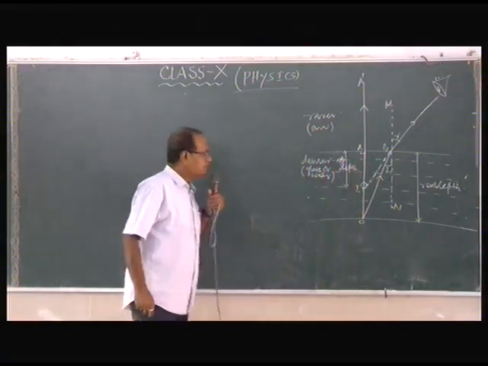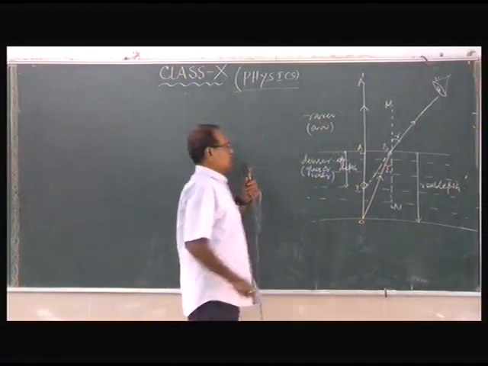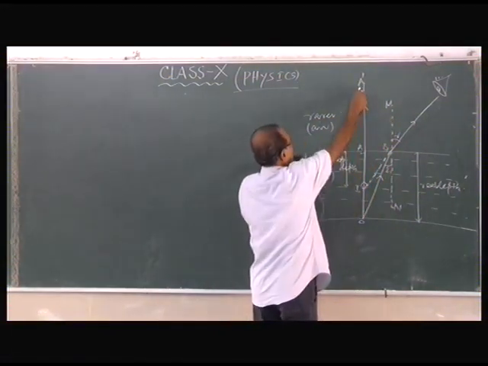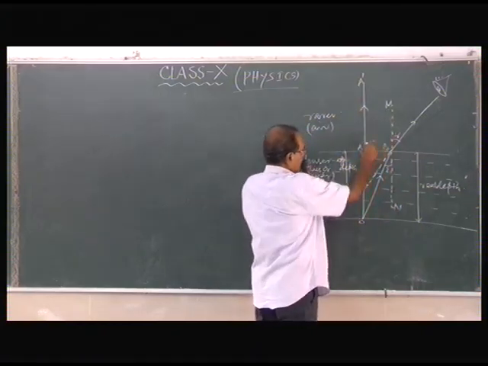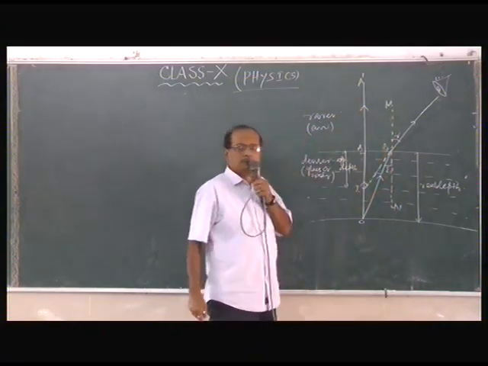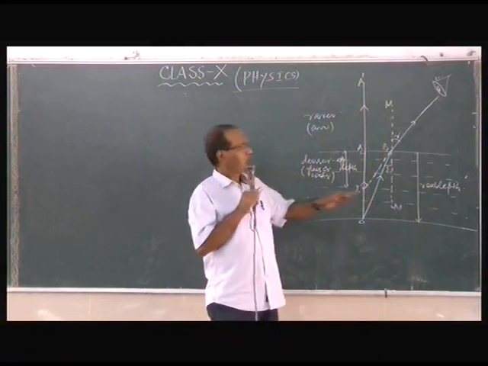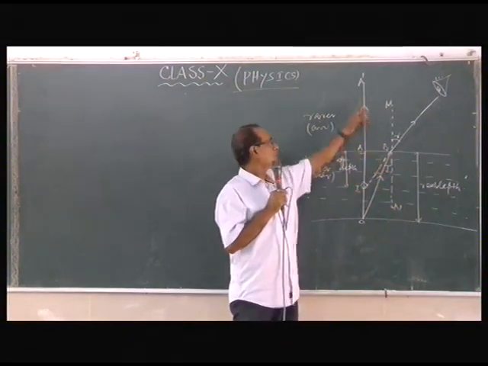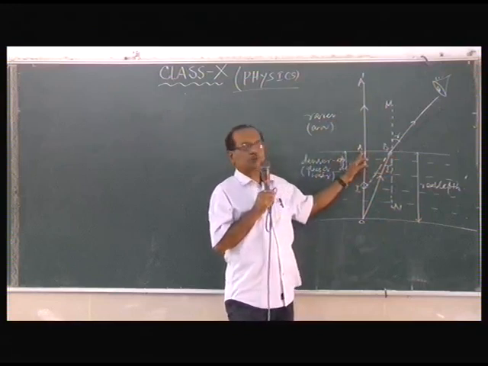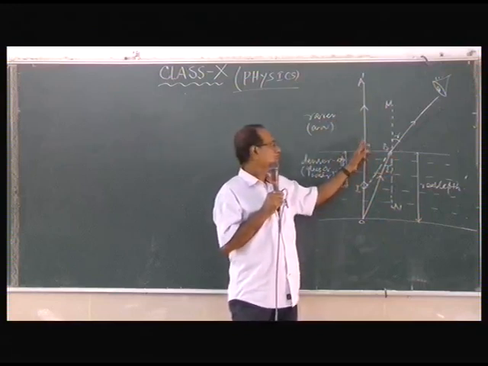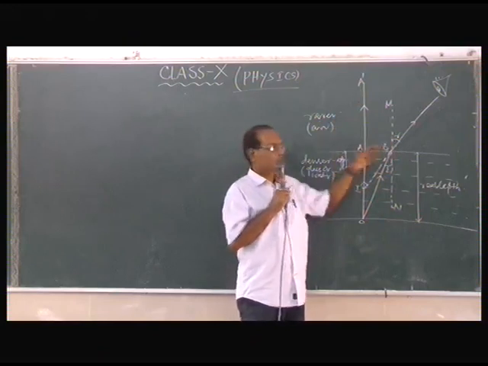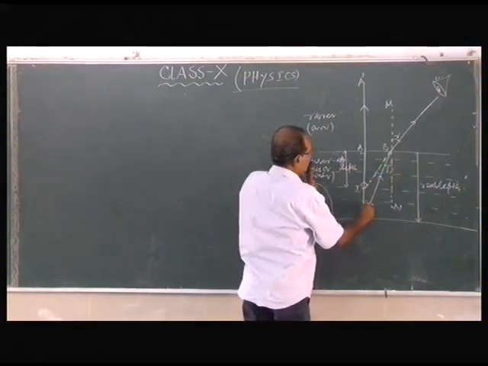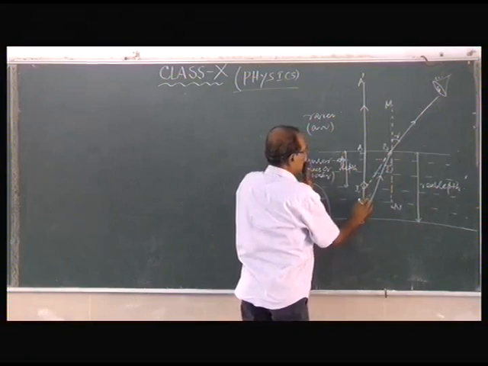Is it clear? Now, just see. MN and OA dash both are parallel. MN is normal to the surface and OA is also normal to the surface. So therefore these two are parallel. So then angle I must be equal to this one.